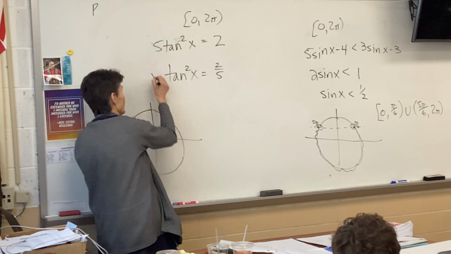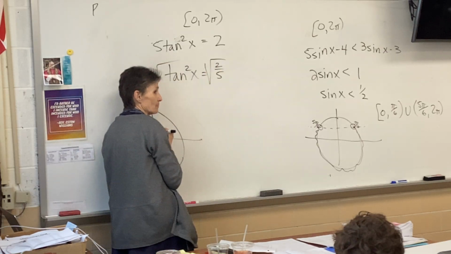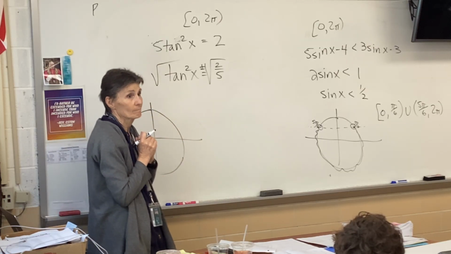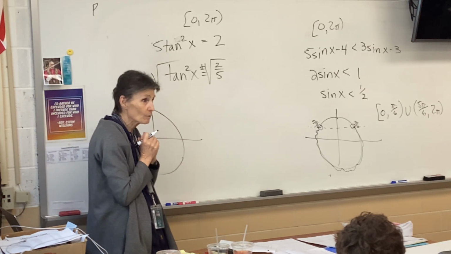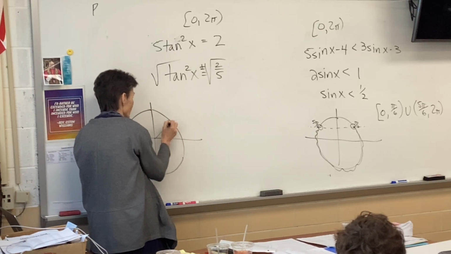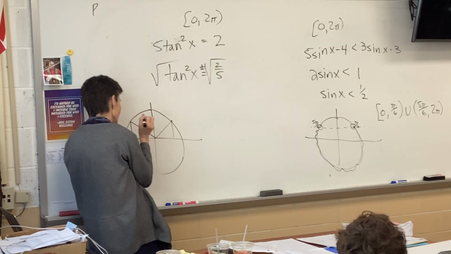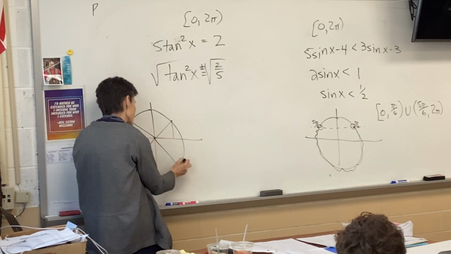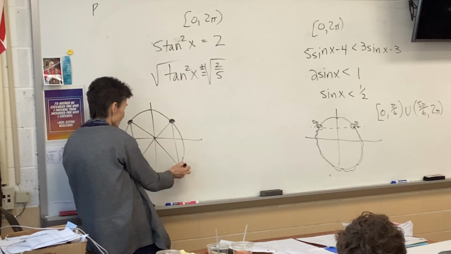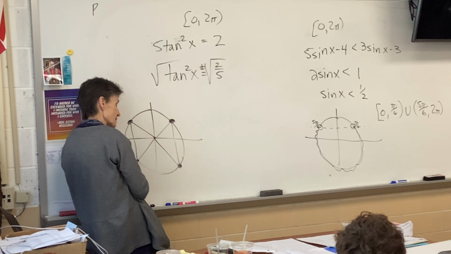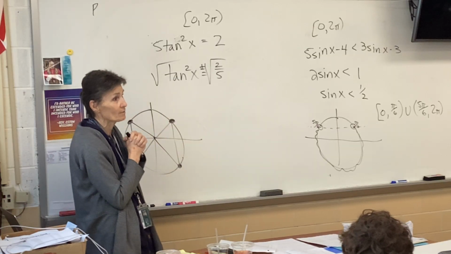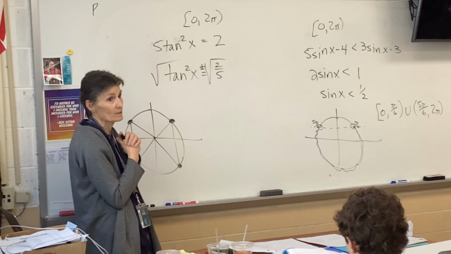Will the tangent be positive or negative? Everywhere. So somewhere, and I don't know where, it's not one of my special angles, somewhere in all of these quadrants, so here and here and here and here, there's an angle that has a tangent of either positive the square root of 2/5 or negative the square root of 2/5.